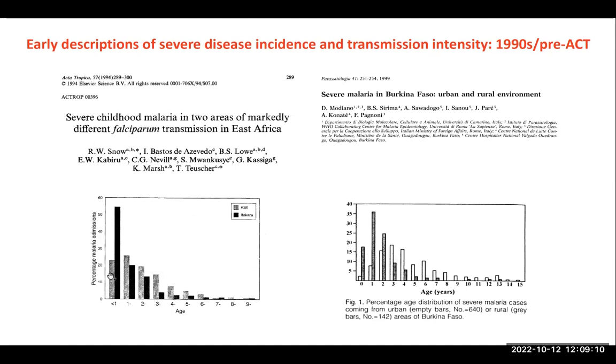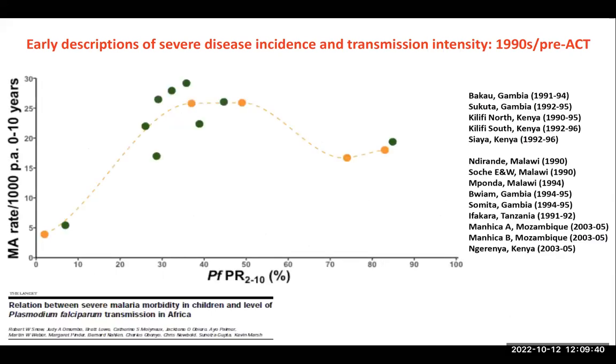But when you look at the lower transmission sites, which is shown by Kilifi, the gray bar, and the white bars, which are the urban extent of Burkina Faso, it shows that the peak age of malaria was in older children compared to the higher transmission sites. And another conclusion from these two studies was that the epidemiological context largely influences the clinical presentation of severe malaria at that point in time.